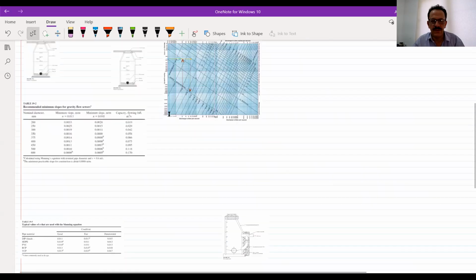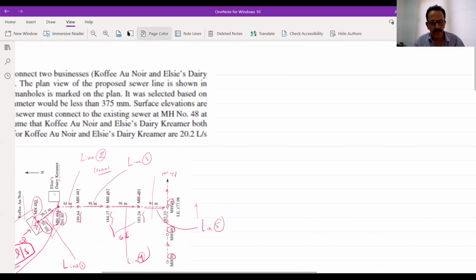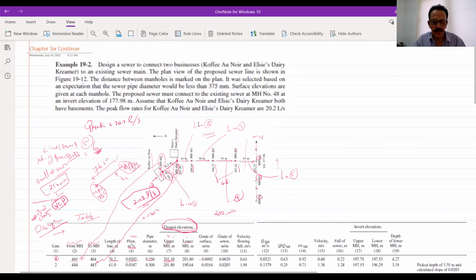We have a drawing for this one. Like this, this is the first manhole, and this is the second manhole.